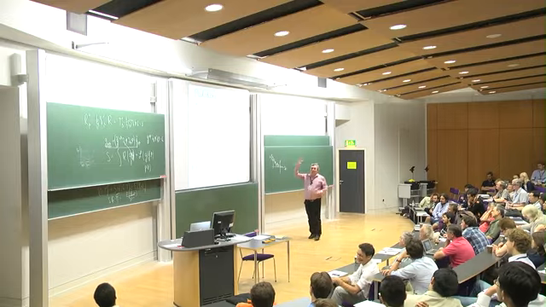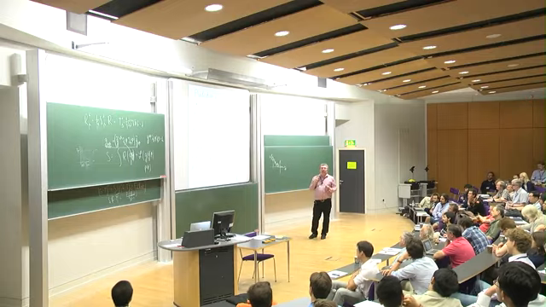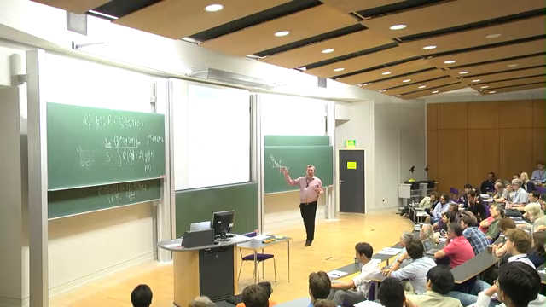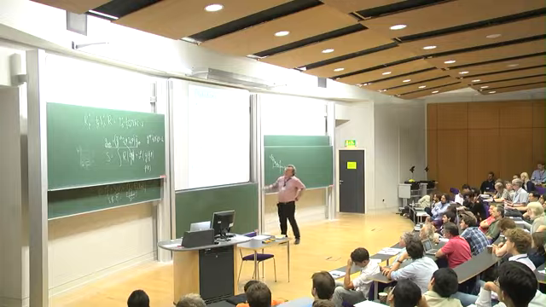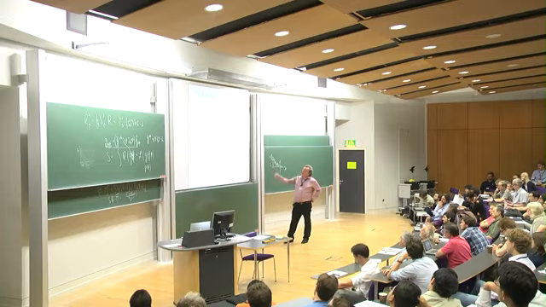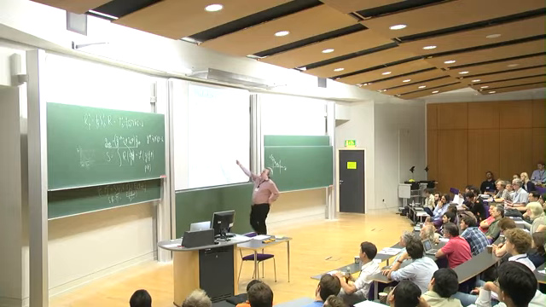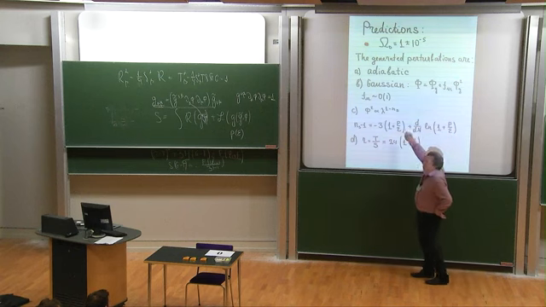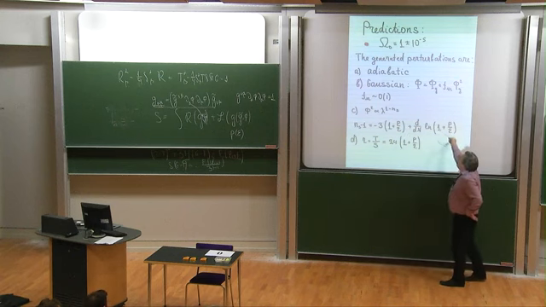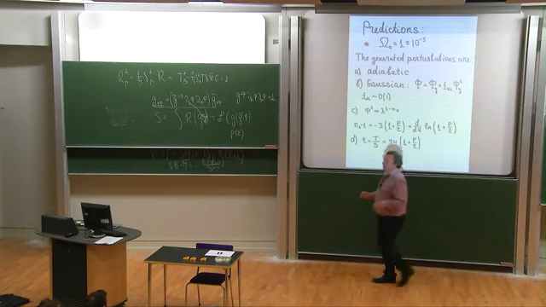But here, what kind of predictions does this model have? Because I am using the one-fluid approximation, it is obvious that perturbations should be adiabatic and Gaussian. And also, we have a prediction for what people call the spectral index, which I love to write in terms of the deviation of the equation of state from the cosmological constant plus the rate of change of this deviation.